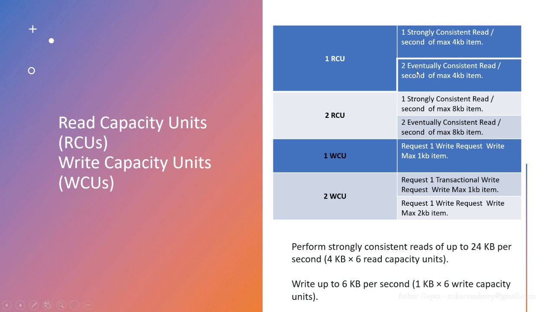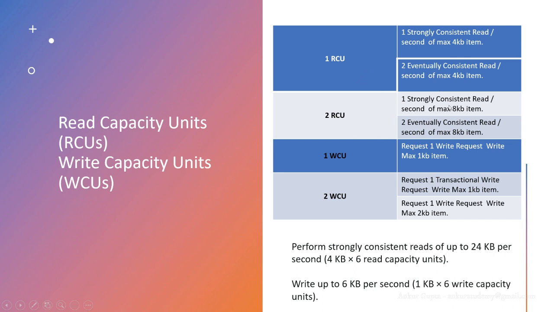Now 1 RCU is also equal to 2 eventually consistent reads per second with the same size of data, which is 4 KB. So a strongly consistent read consumes more RCUs than an eventually consistent read, which makes sense because a strongly consistent read consumes more resources in the background to get the latest data from the table.